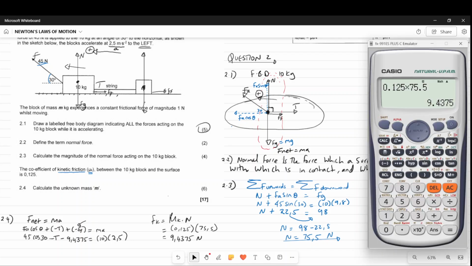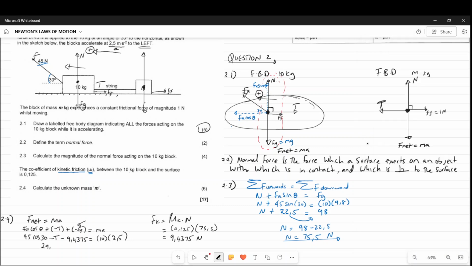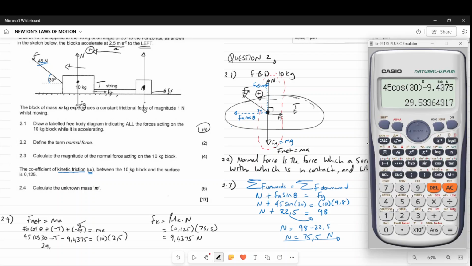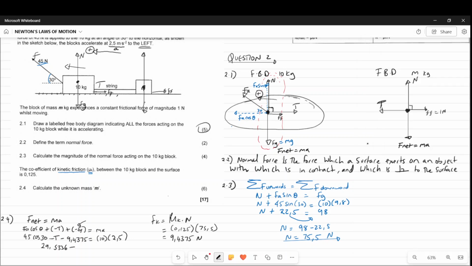We have 45 cos 30, close bracket, minus 9,4375, and that will give us, let's take at least 4 decimal points because this is not a final answer, 29,5336, minus tension is equal to 25.